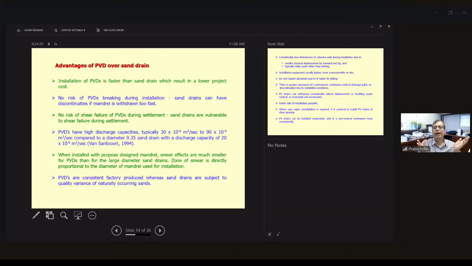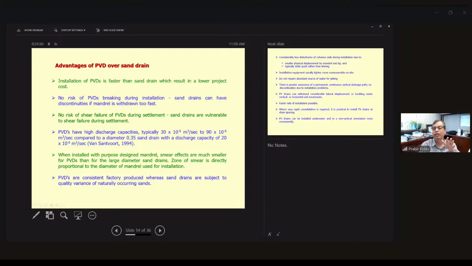There is no risk of breaking of PVD because it is a prefabricated vertical drain with a geosynthetic installed. So no risk of shear failure of PVD during settlement, while sand drains are vulnerable to shear failure during settlement. That is another problem for the sand drain.